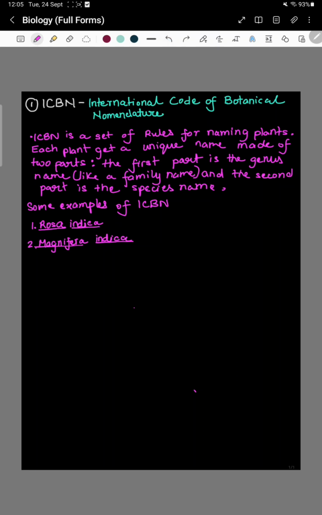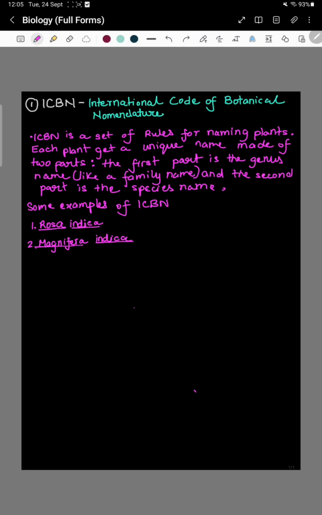So ICBN is a set of rules for naming plants. Each plant gets a unique name made up of two parts. The first part is the genus name, and the second part is the species name. I hope it's clear to you now.